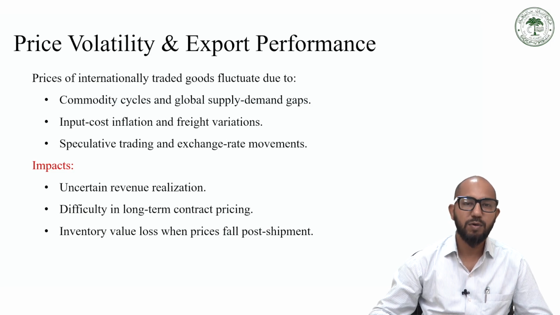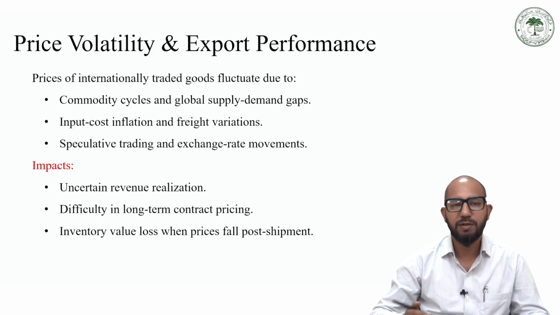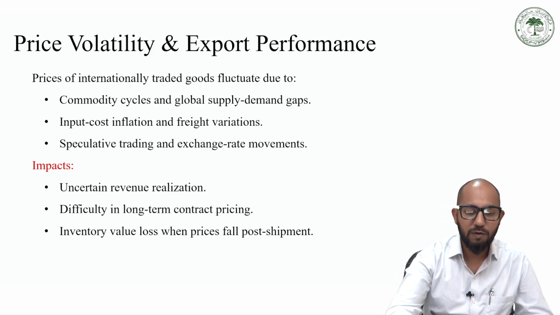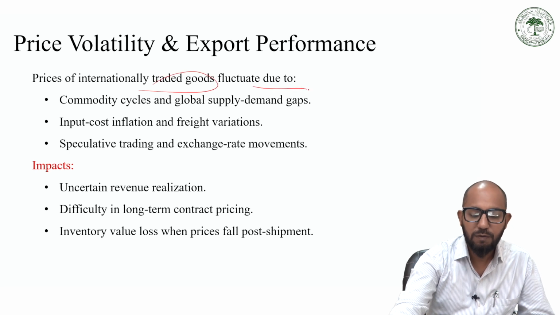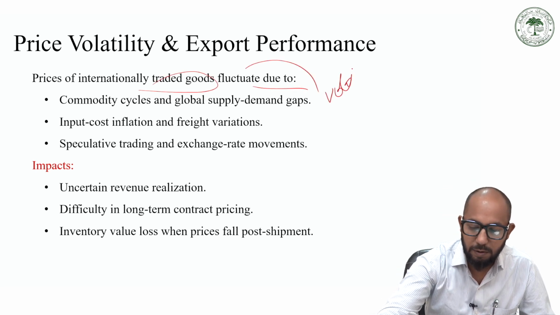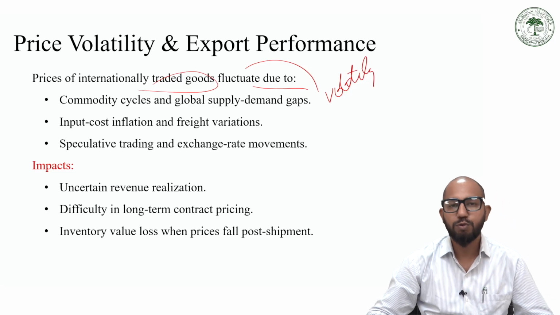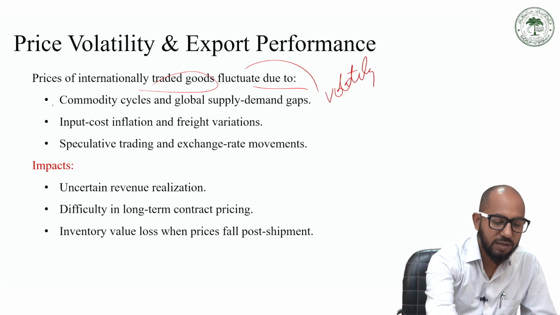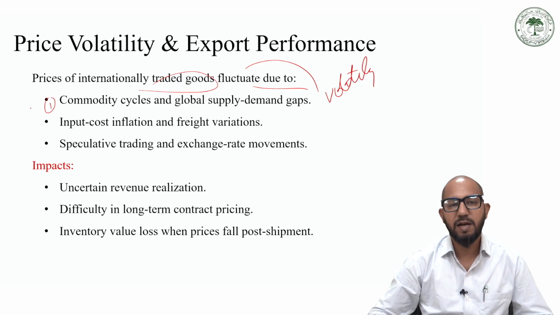Let us now try to understand what price volatility and export performance mean. What is the link between these two? Prices of internationally traded goods fluctuate, which is known as volatility. This may be due to several reasons. One of the reasons is the commodity cycles and global supply demand gaps.